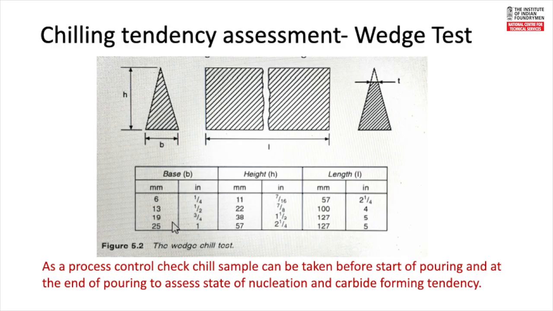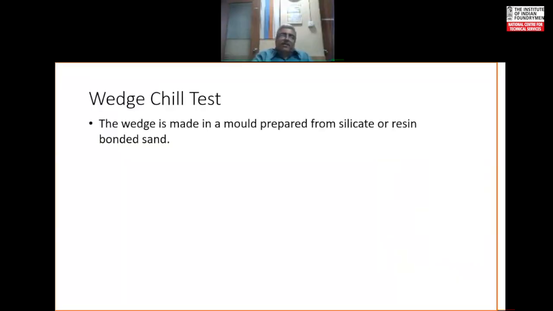It's a triangular shaped wedge, and T, the thickness that you see of the white iron which has been formed, Fe3C which has been formed, is called the chill width, or if you go height-wise, it will be called the chill depth. So the wedge is made in a mold prepared from silicate or resin bonded sands.